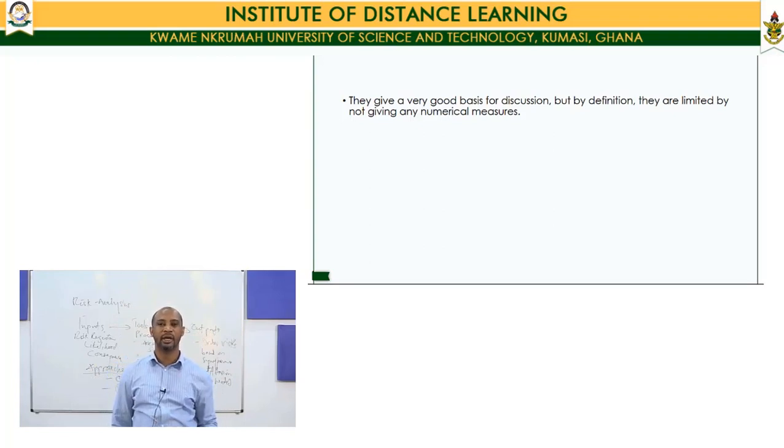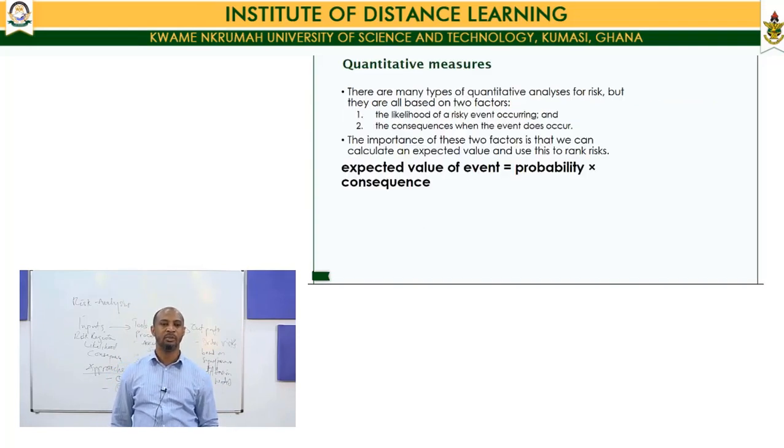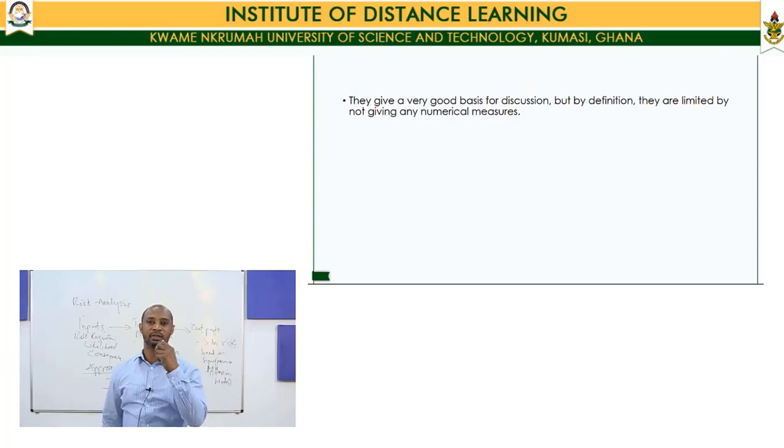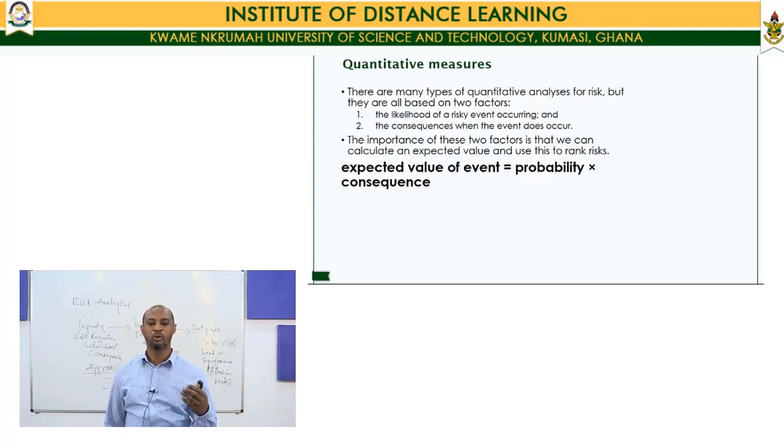However, don't forget, every process has a limitation, because this one is subjective. So we say that by definition, they are limited by not giving any numerical measures. That is the limitation. So, to deal with this limitation, you can do quantitative analysis.